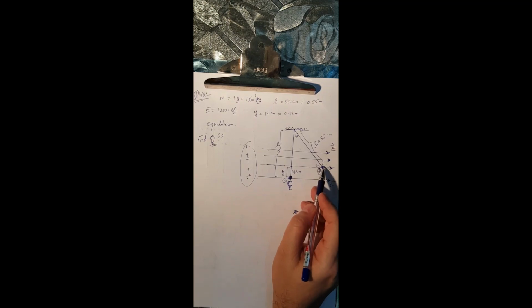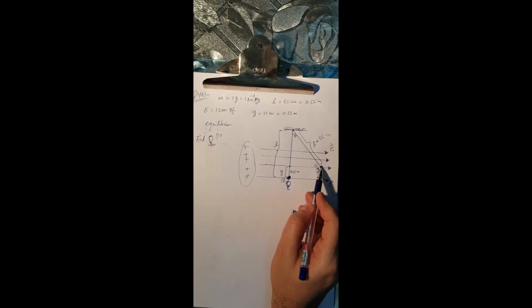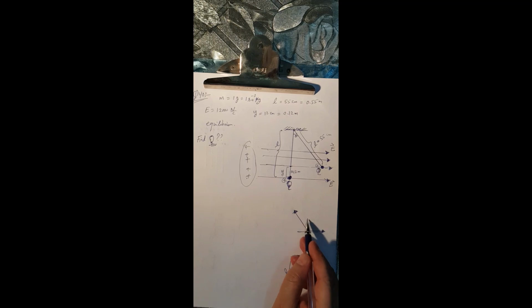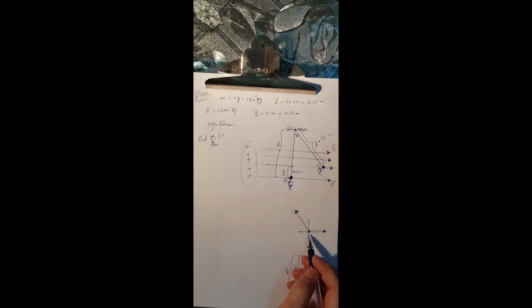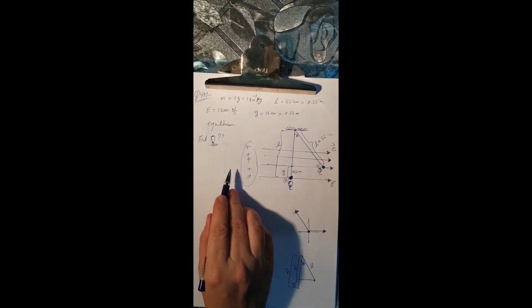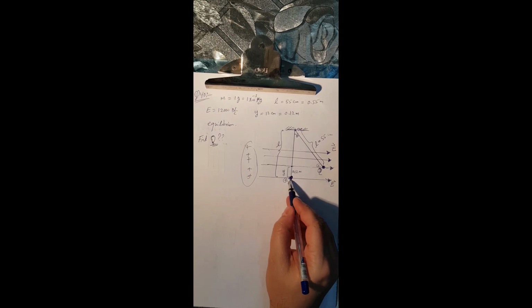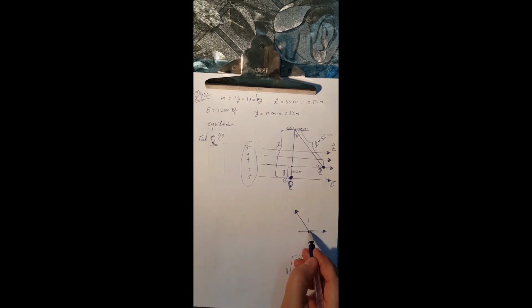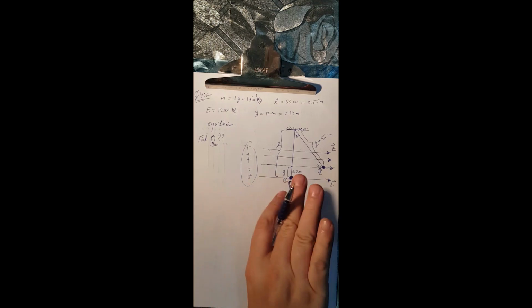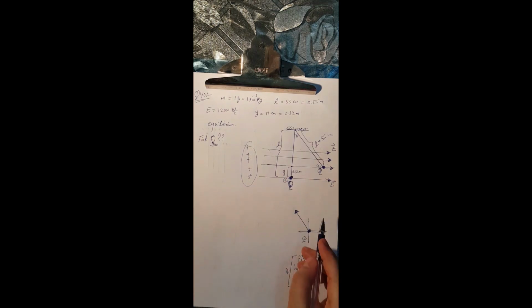Right. When the charge is here at equilibrium, it means the forces are balanced on both sides. So let's see what forces we have on the charge. First, the electric field has an electric force. So if I want to draw, this is the charge Q here. What are the forces? First we have a repulsion force this way.